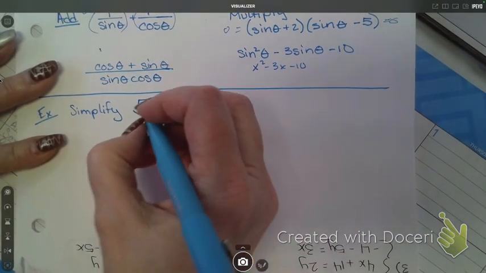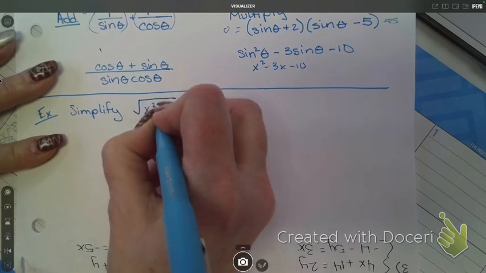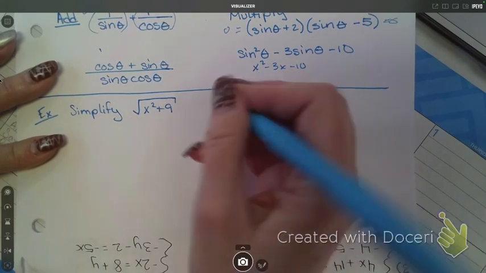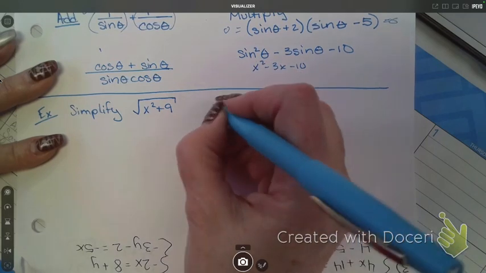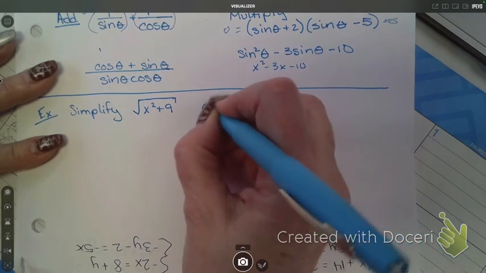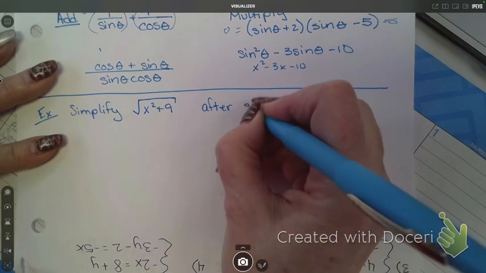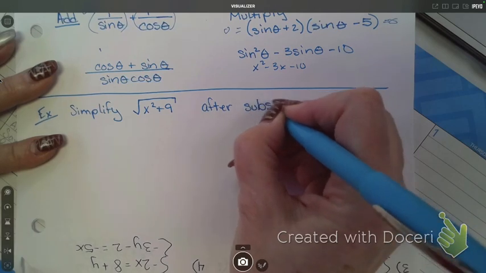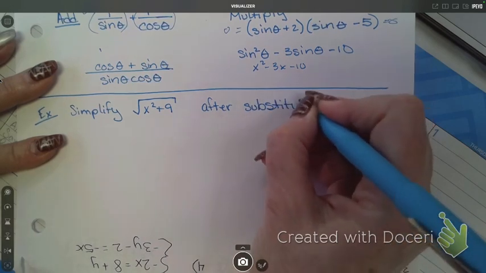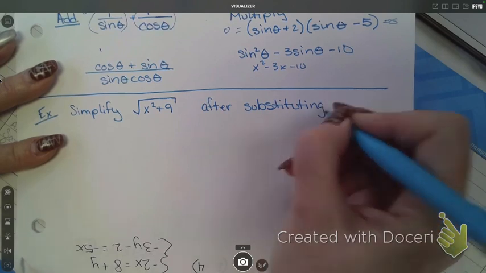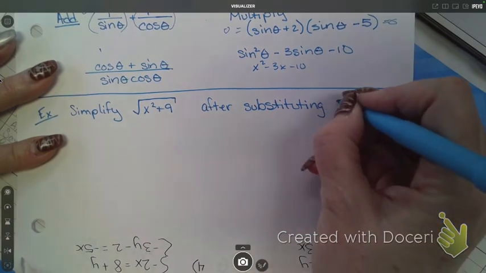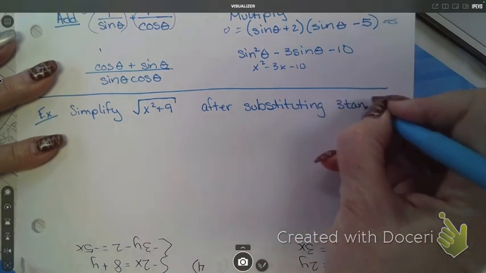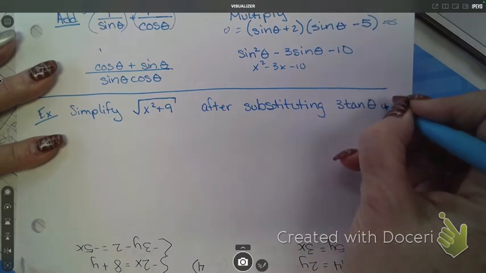Okay, simplify the expression square root of x squared plus 9 after substituting 3 tangent of theta in for x.